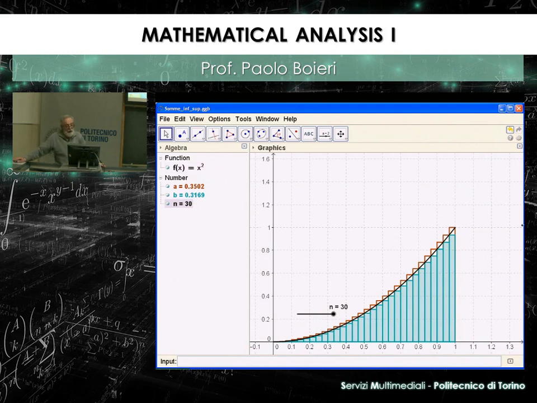And then we have this idea for the computation of integrals. Okay, then you can see in this case, if you look at the blue rectangles and the, let's say, red rectangles, you see that the difference between their areas has become very small. It's just this plus this plus this plus this plus this.